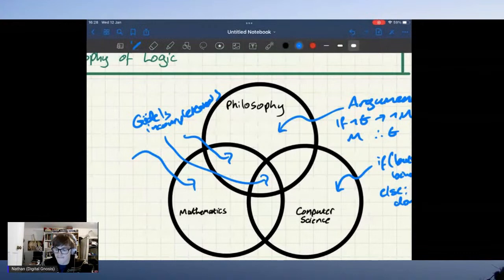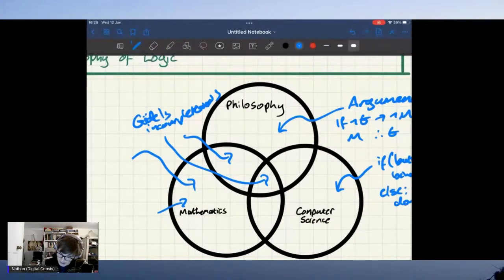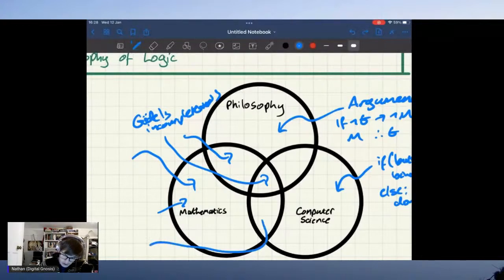There are going to be implications within mathematics, because you might be in this world trying to prove P equals NP, which is to do with solvability, or you might be in this world trying to prove Goldbach's conjecture.